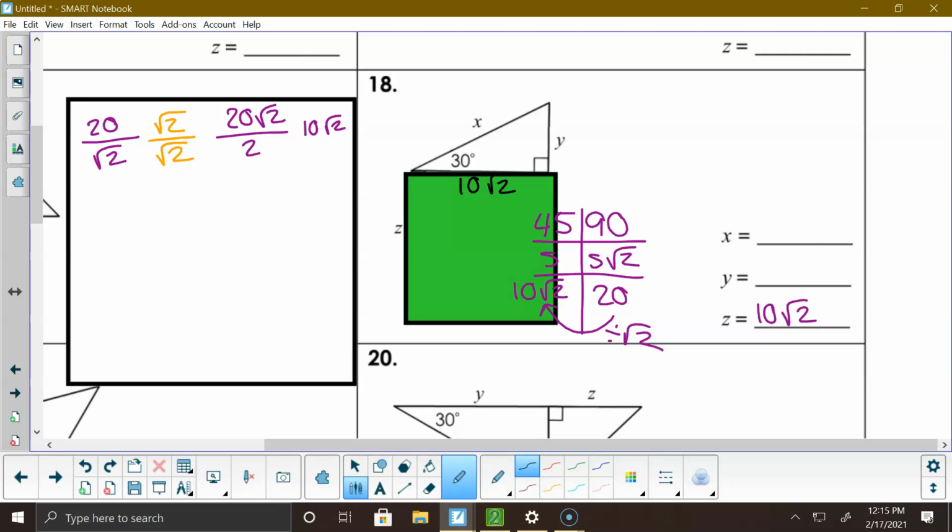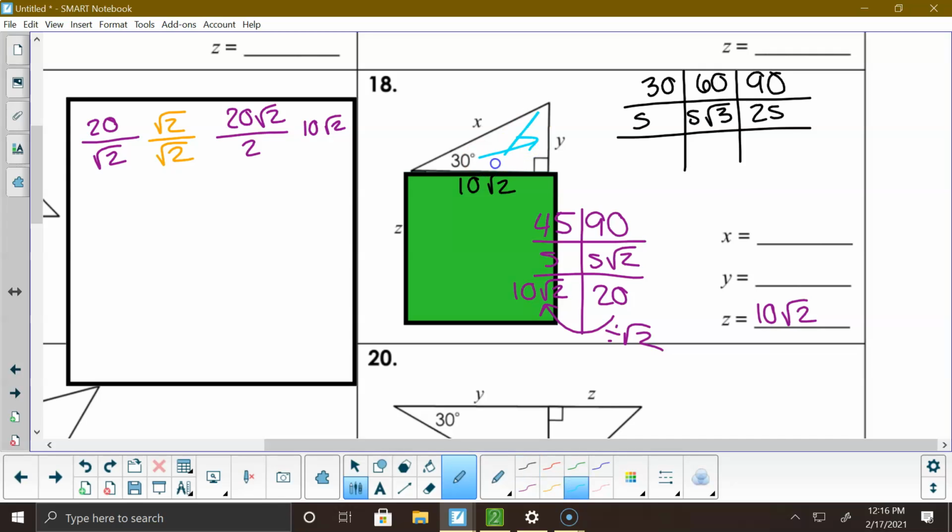Okay, so make another table. And that 10 root 2, where is that going to fit? Under the 30, the 60, or the 90? They're crossed, because this one's 30. So this one's got to be the 60. So 10 root 2 goes here.